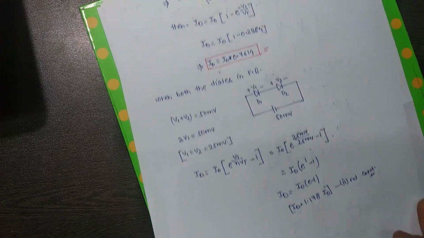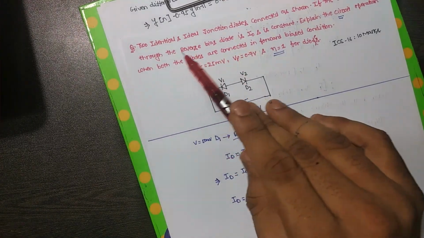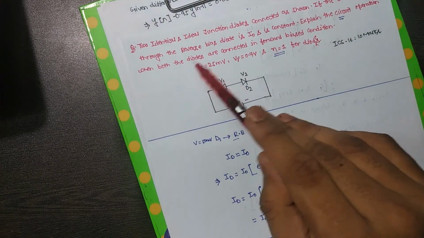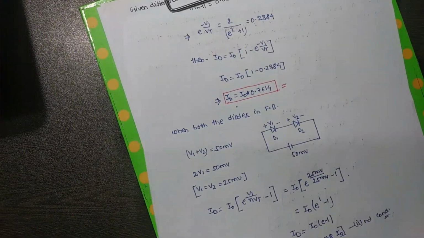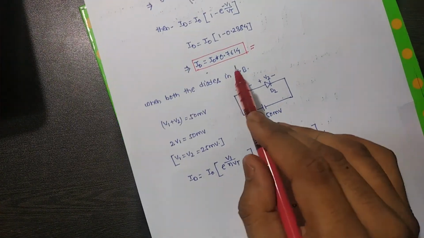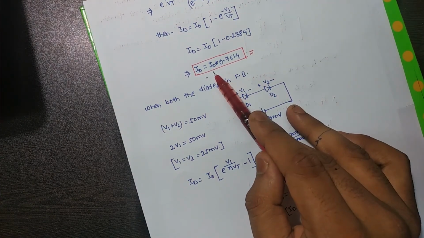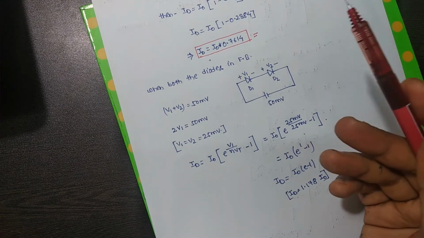So there is a difference. What the question is asking is that the reverse bias current is I naught and it's constant. Explain the circuit operation when both the diodes are connected in forward bias condition. So you can say that ID is 0.7614 of I naught when one of the diodes is reverse biased and the second diode is in forward bias.